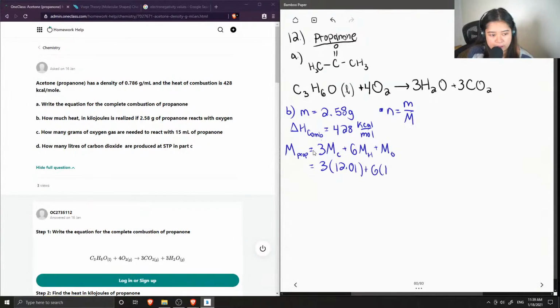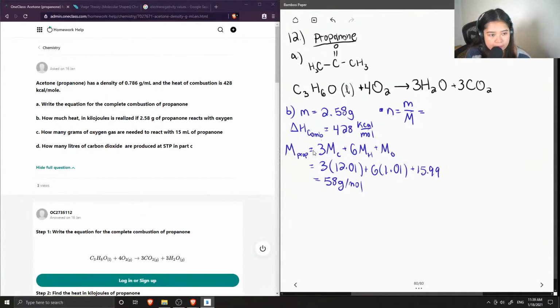And for hydrogen, it's 1.01 grams per mole. And for oxygen, it's 15.99 grams per mole. So now if we add these all up, we get a final molar mass of 58 grams per mole for propanone.